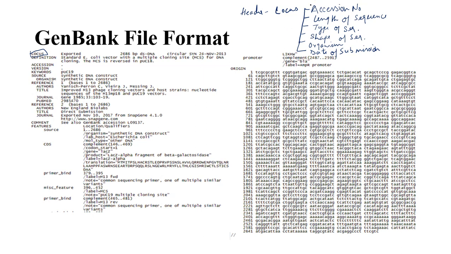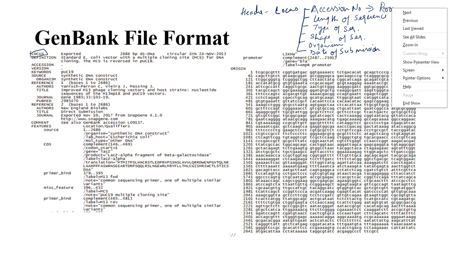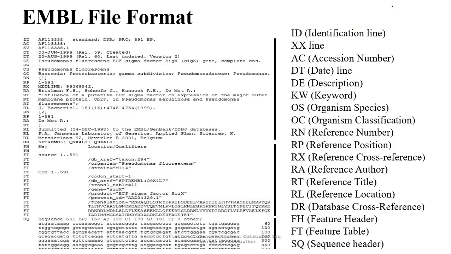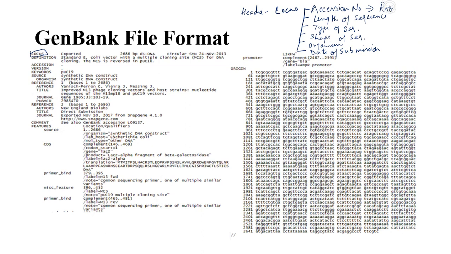So let's see what the accession number is. The accession number is a unique number. It's just like a roll number. A roll number is a unique number. In the same institute, maybe 10 or 20 students have similar names.